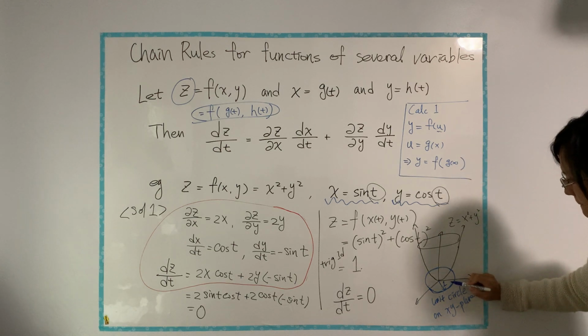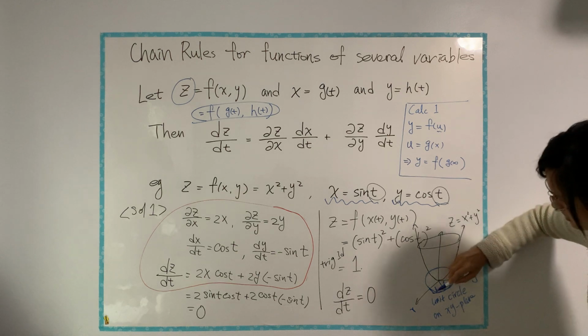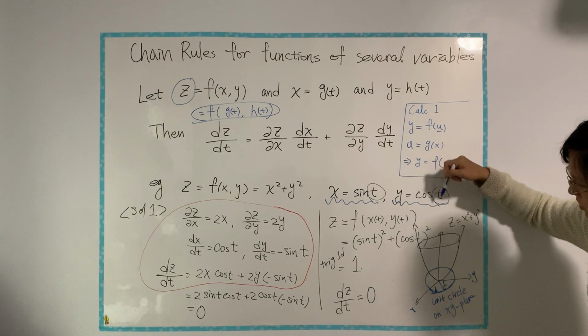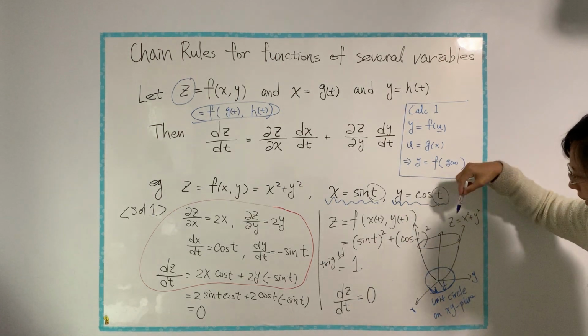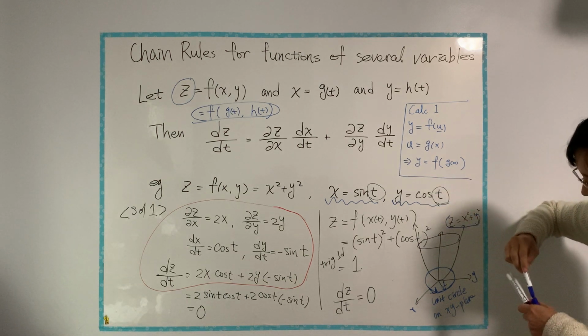Okay, so it goes this way. This is x, this is y, right? So you can think that x equals sine t, y equals cosine t gives you a curve in the plane. Now I restrict z onto this curve. So what does that mean?